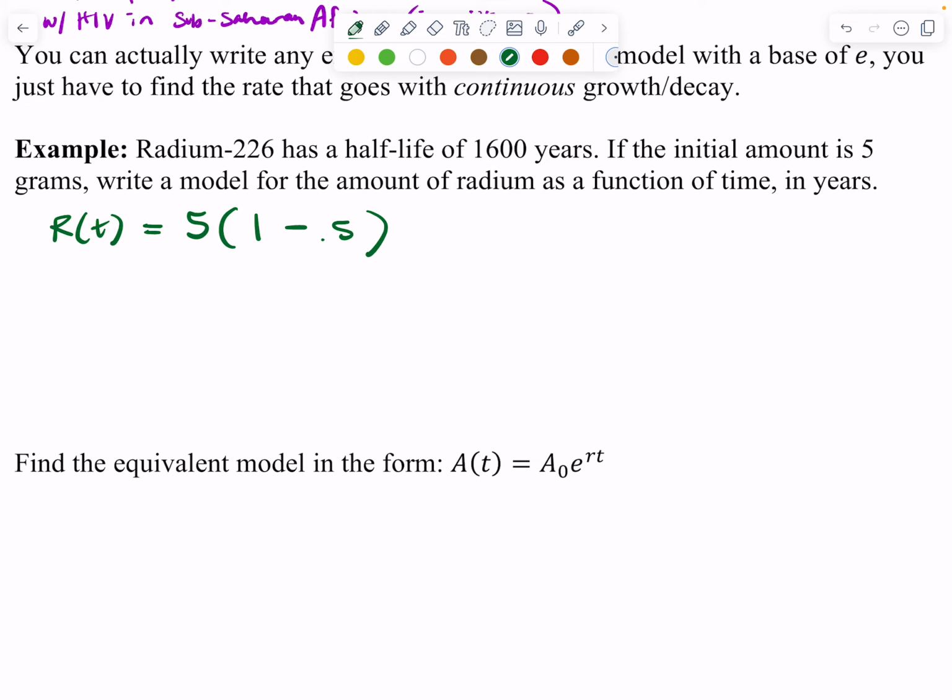Since we're given the half-life is 1,600, we know after 1,600 years, that's when the initial amount would be cut in half, decreased to 2.5 grams. So if I thought about 800 years passing, that would be half of a period, right? So we're taking the number of years that have passed and dividing by 1,600, where t is in years.